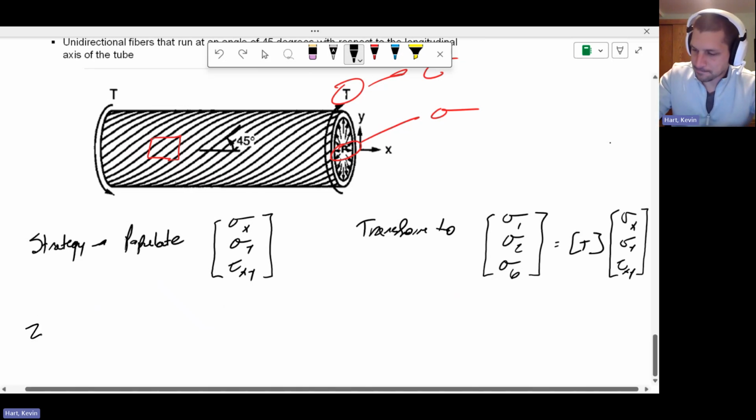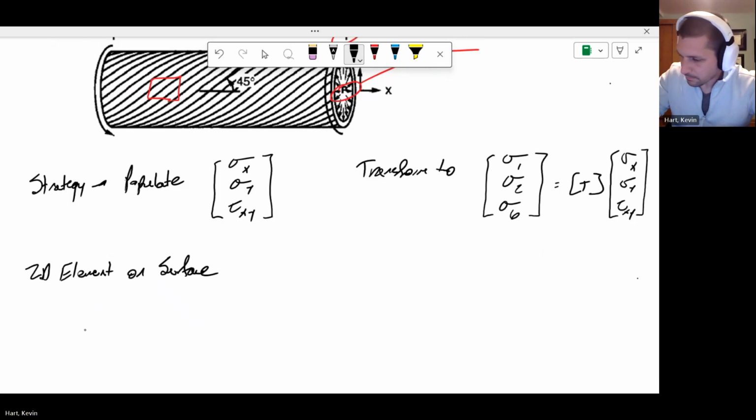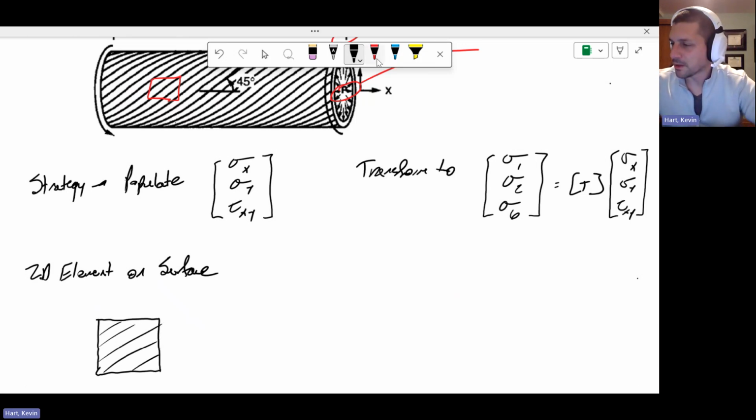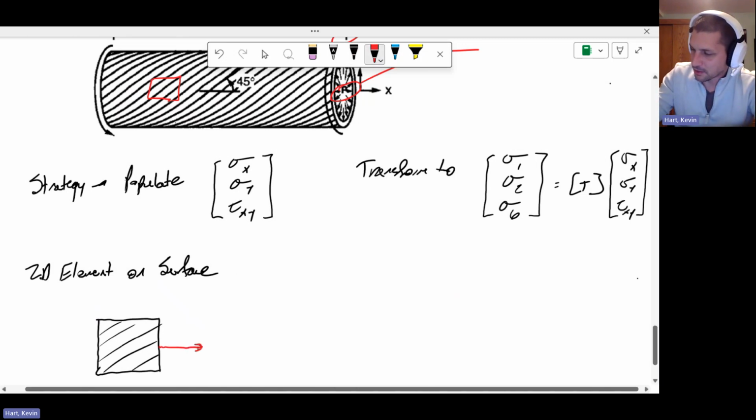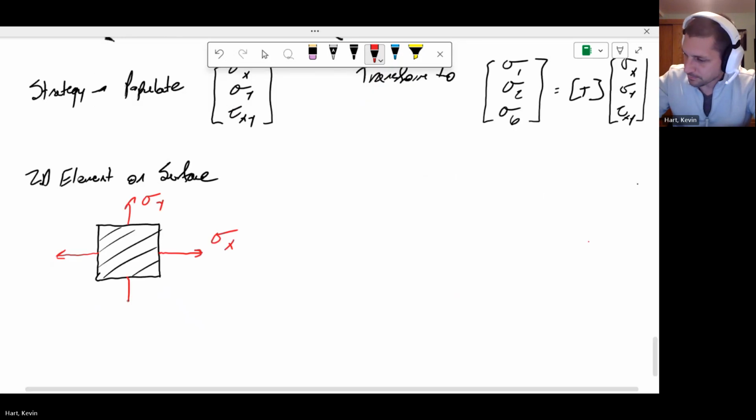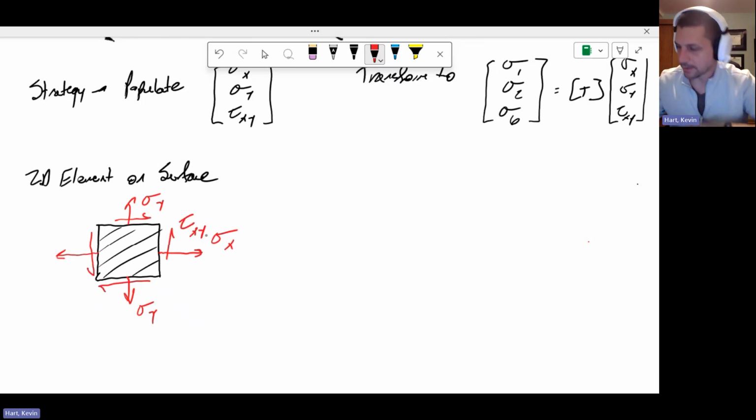You've got a 2D element on the surface. It's going to look a bit like this. And we've got those fibers that run at this 45-degree angle. Now, if we're looking at that particular element, and hopefully this is not bringing back nightmares from mechanics of materials, you could possibly have stresses in the x direction, stresses in the y direction, and shear stresses, tau xy.